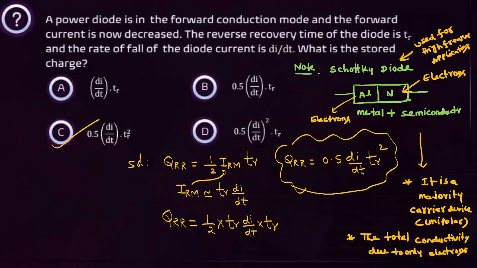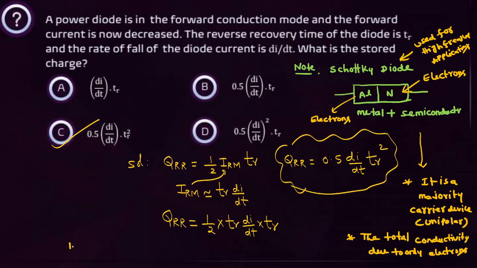And one more point you have to remember: which diode has the negative resistance characteristic? The tunnel diode has negative resistance. The Gunn diode also has a negative resistance characteristic. You already know the UJT also has a negative resistance characteristic.